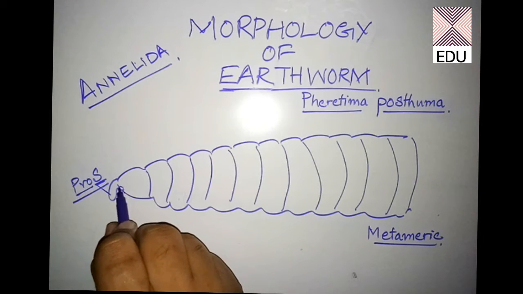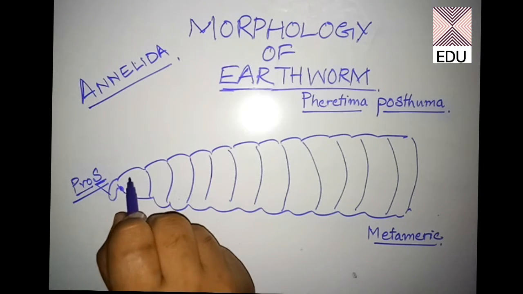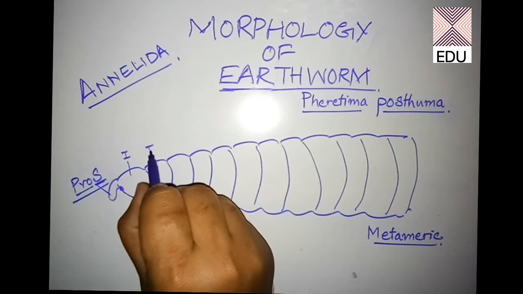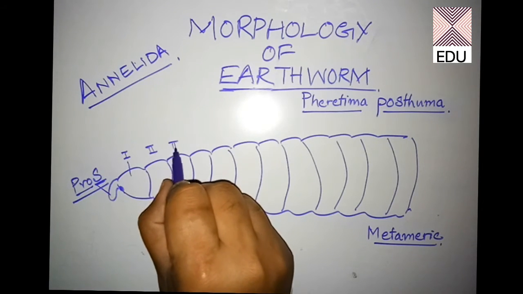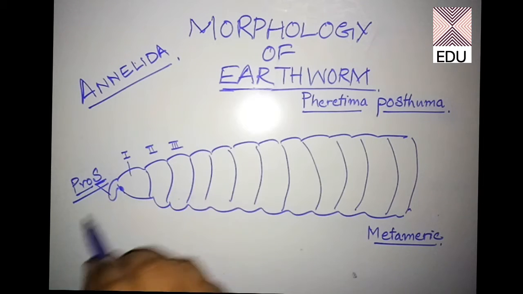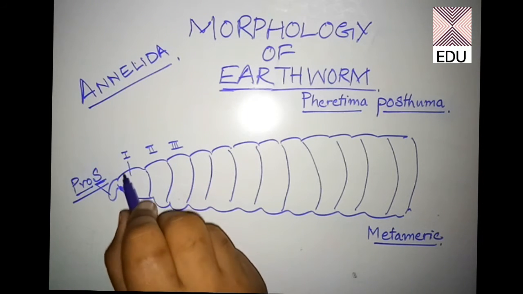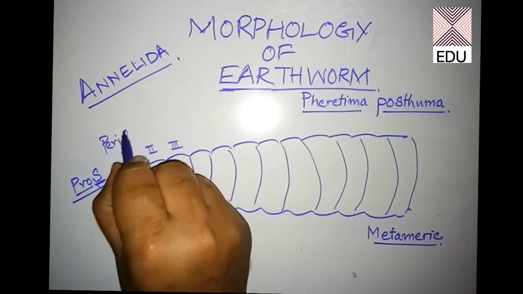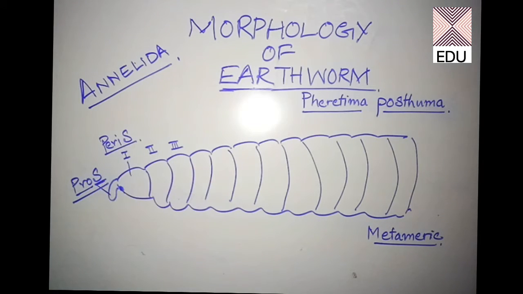Here is the mouth. This will be the first segment, this the second, this the third, and so on. The first segment is called the peristomium. You should note that the prostomium is not the first segment of the earthworm; the first segment is the peristomium.